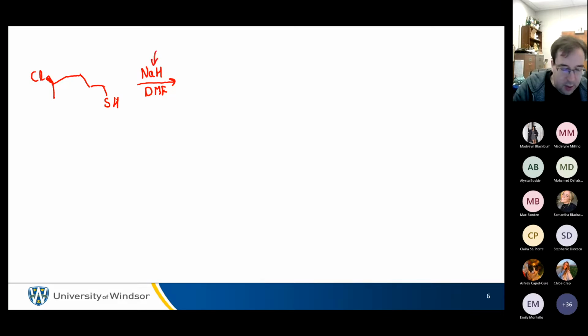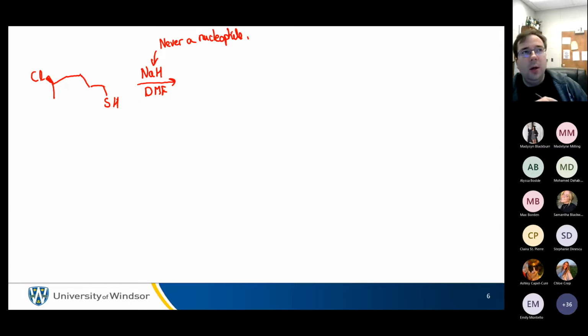We haven't discussed this in a lot of detail, but sodium hydride is never a nucleophile. There was a paper published probably close to 10 years back where somebody said, oh look, we use sodium hydride as a nucleophile, and it got all this news because it was being used as a reducing agent, since if H minus is a nucleophile, it's a reducing agent.